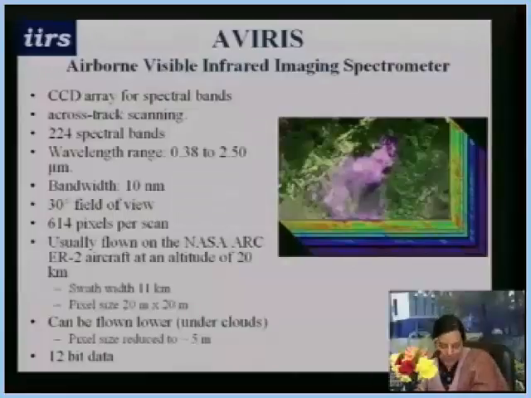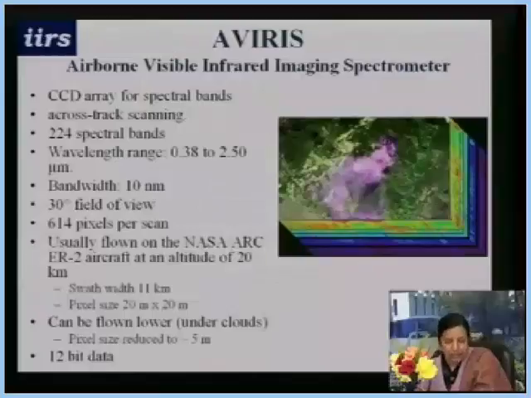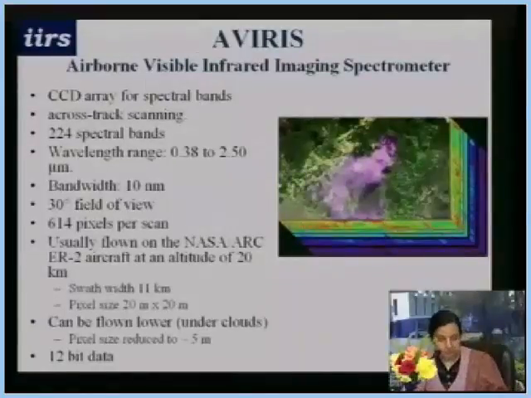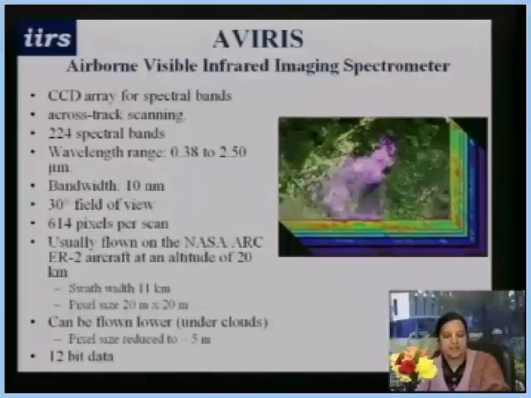The sensor measures radiance levels at 12-bit radiometric resolution in 224 spectral bands with 10 nanometer bandwidth, and the wavelength region is 400 nanometers to 2500 nanometers. The pixel size can be varied; it can be brought down to 5 meters by bringing the flying height lower.